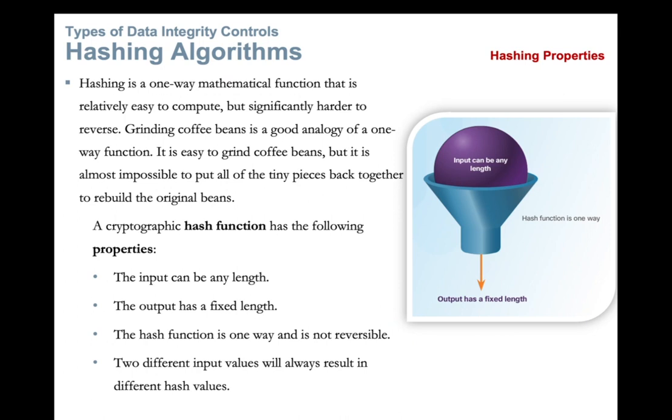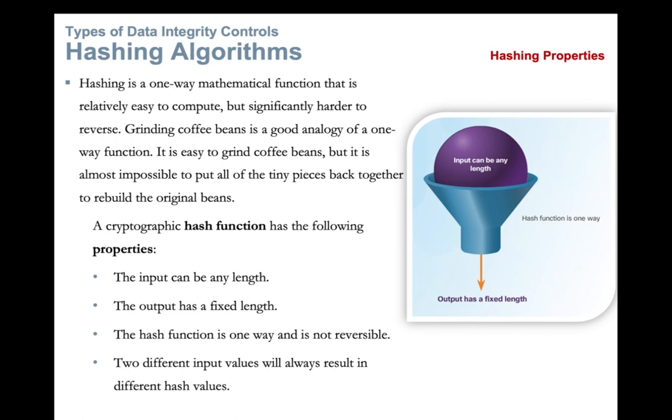A cryptographic hash function has the following properties. The input can be any length, the output has a fixed length, the hash function is one way and is not reversible, and two different input values will almost never result in the same hash value.